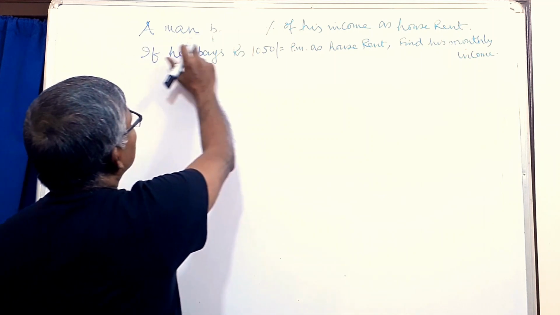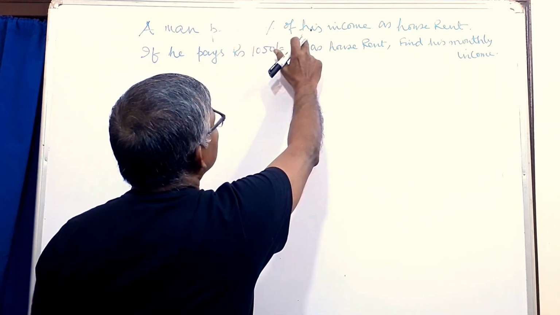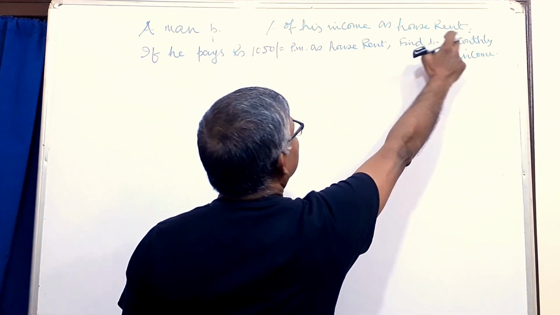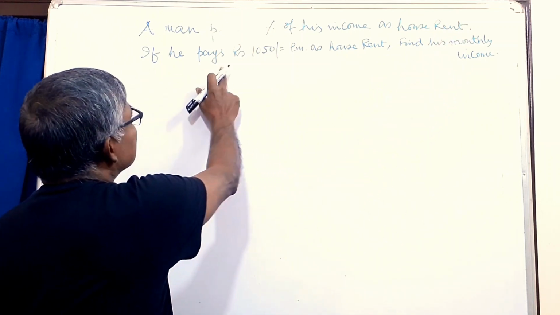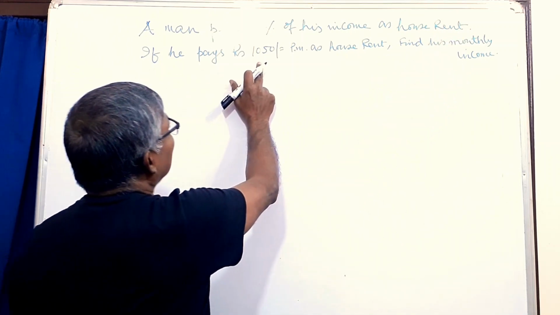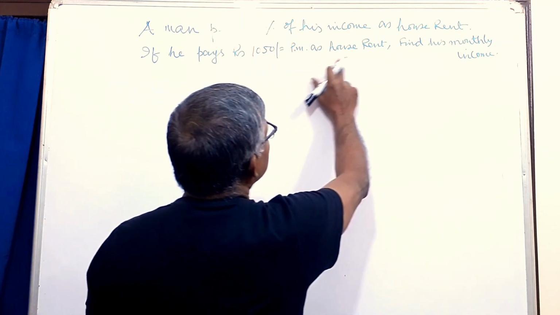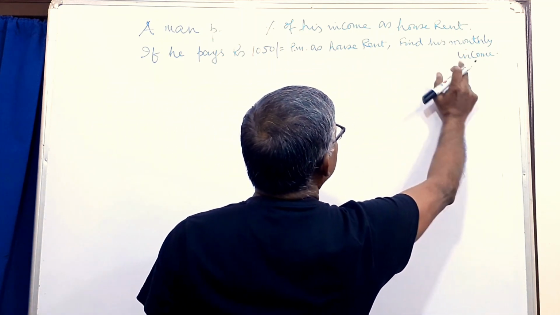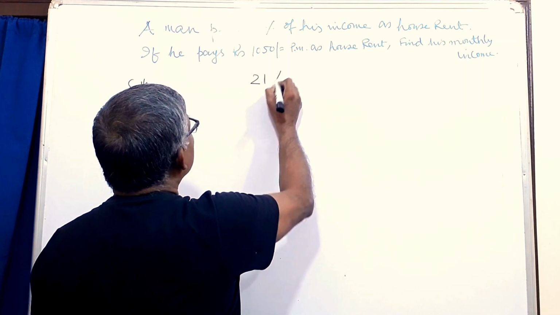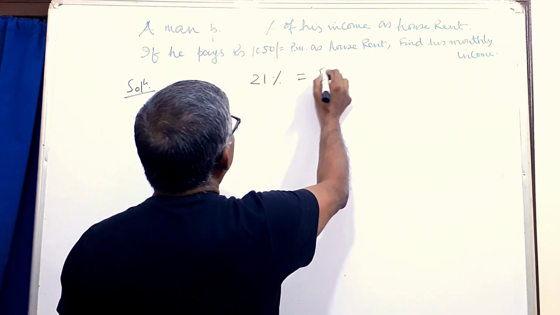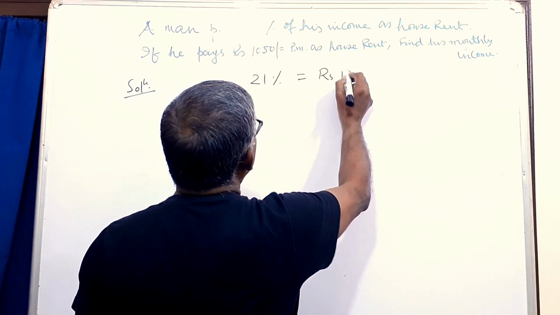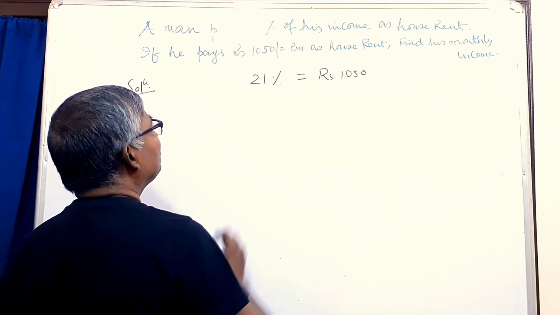Students, let us see another problem. A man pays 21% of his income as house rent. If he pays rupees 1050 per month as house rent, find his monthly income. Here it is given 21% equals to rupees 1050.